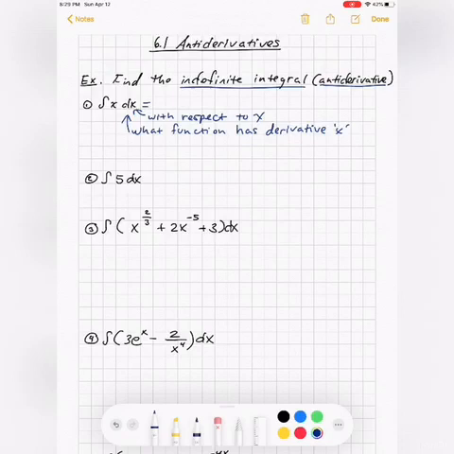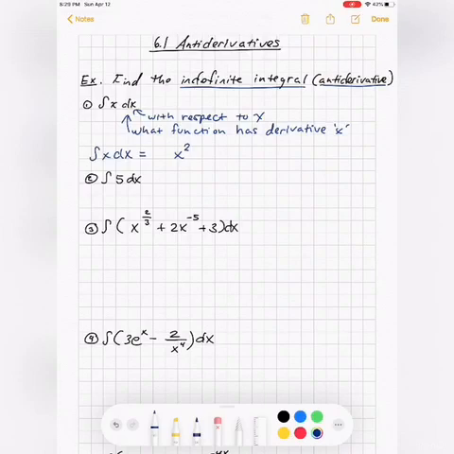Well, I kind of just have to start by saying, okay, I know that the derivative of x squared would give me an x, because I would bring down the 2 and subtract 1 from the exponent.